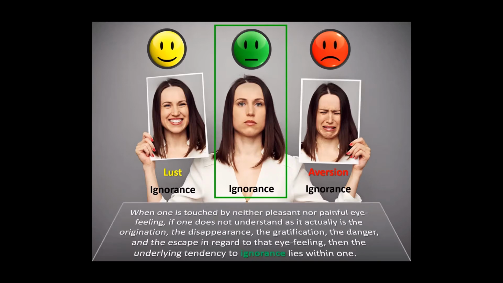This statement therefore means that if we do not make use of neutral feelings to understand things as they are, neutral feelings will continue to condition ignorance and hinder the development of wisdom. And this is usually the case, right? Neutral feelings are largely ignored because they are very subtle and difficult to recognize.